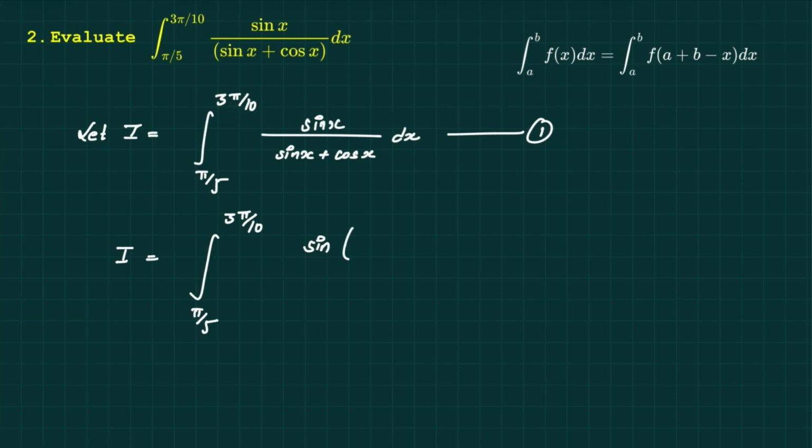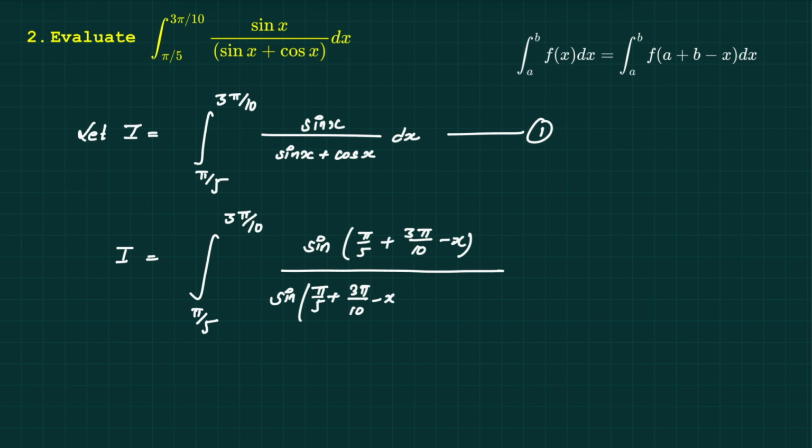We will write instead of x, a, that is pi by 5, plus b, that is 3 pi by 10, minus x, whole divided by sine of a plus b minus x, plus cos of a plus b minus x, dx.